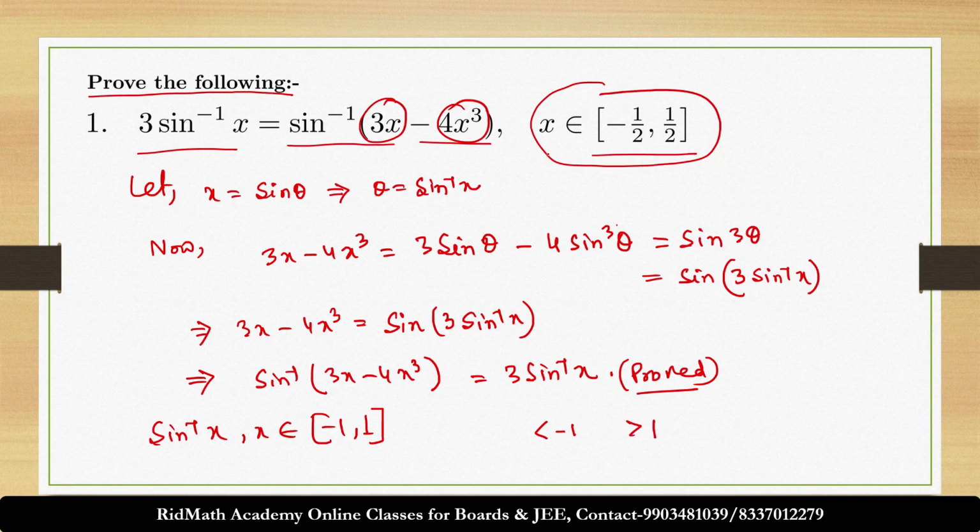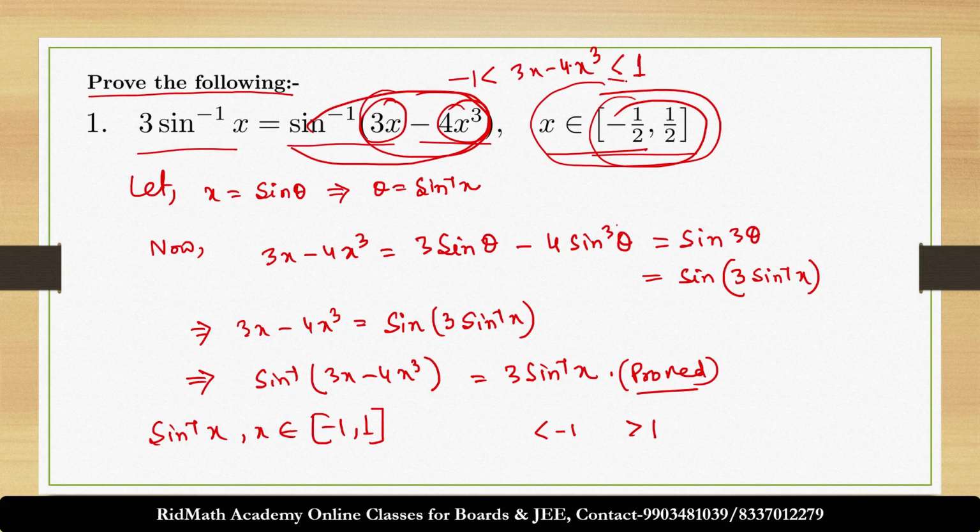That is why x has to be in this region minus half to half, so that for sin inverse, this argument, that means 3x minus 4x cube, remains from minus 1 to 1, and these two are included. Okay, so that's why x belongs to minus half to half is given.